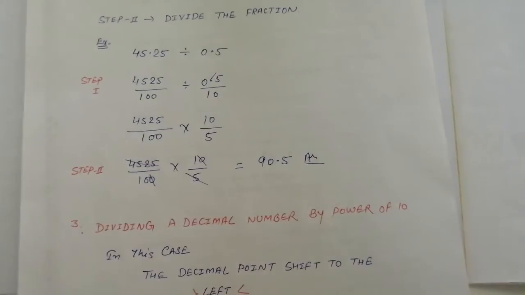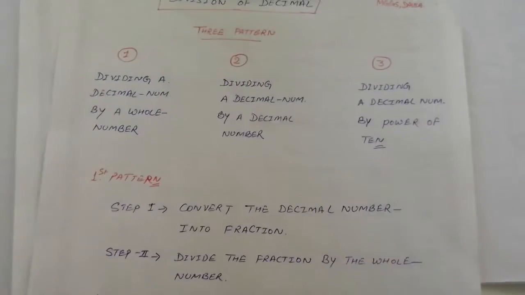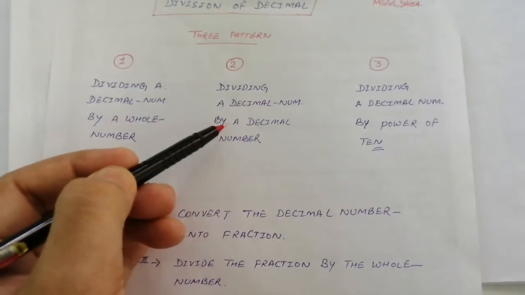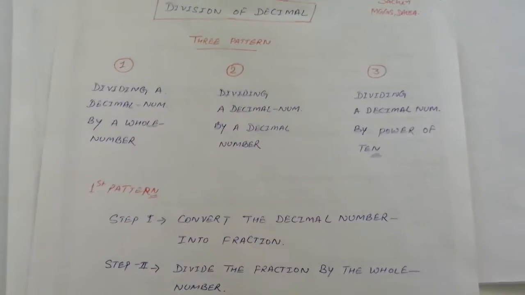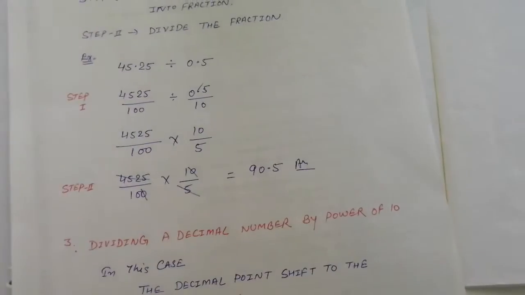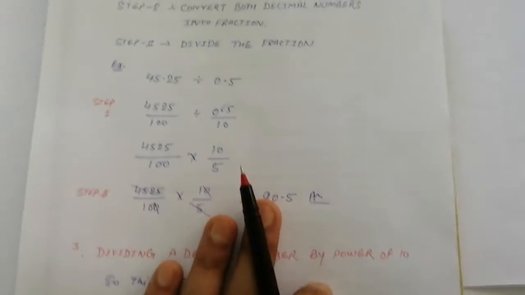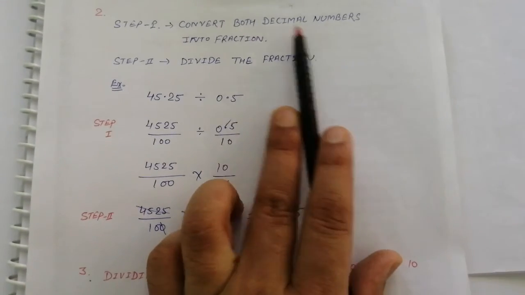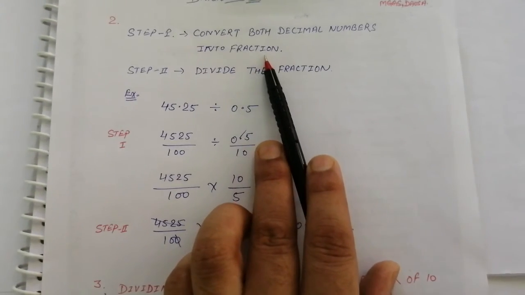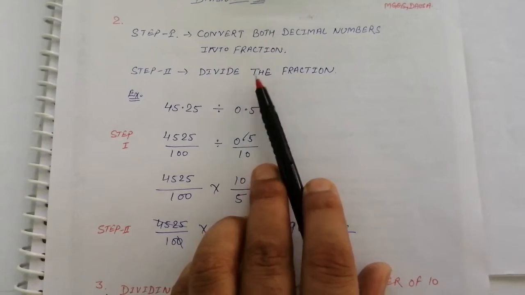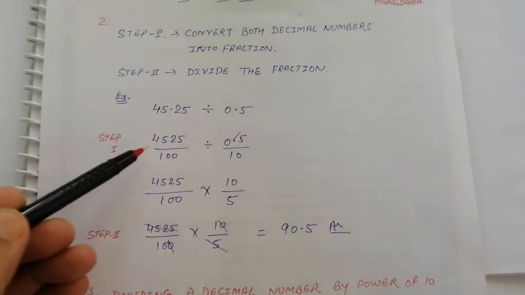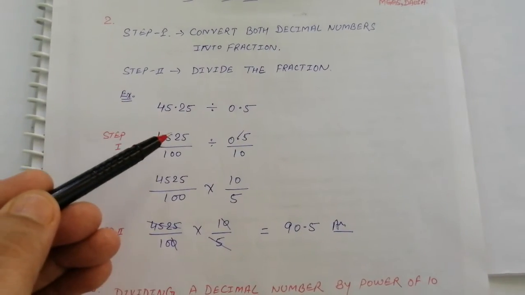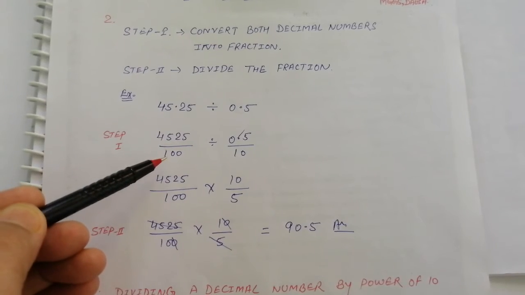Now the second pattern means dividing a decimal number by another decimal number. Convert both decimal numbers into fractions. First we convert into fractions and second divide the fractions. First convert 45.25 to 4525 upon 100.